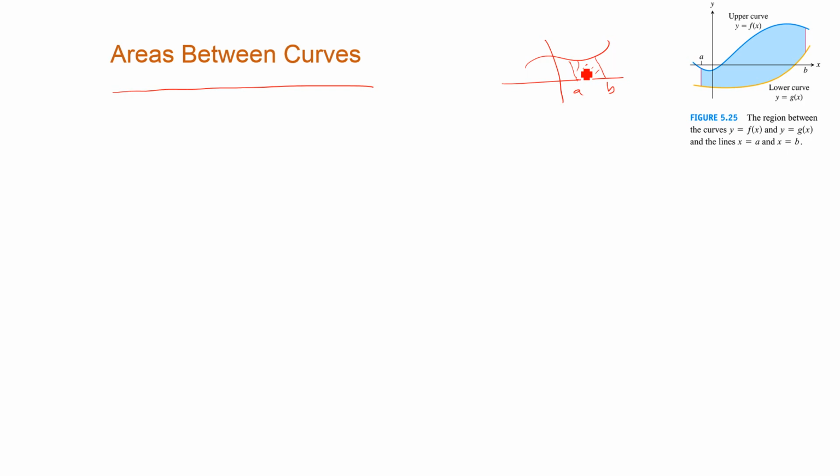And how does it work? Actually, we divide it into subintervals, and then we make rectangles, and then we let the width of the rectangle go to 0 in order to define the area. And this actually gives us the integral of f(x).